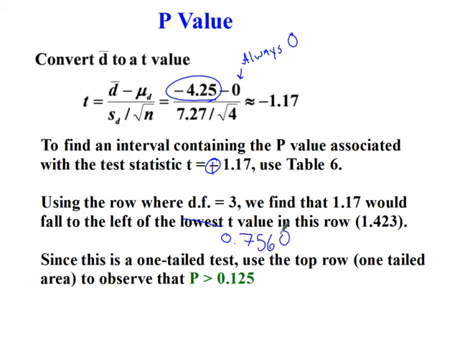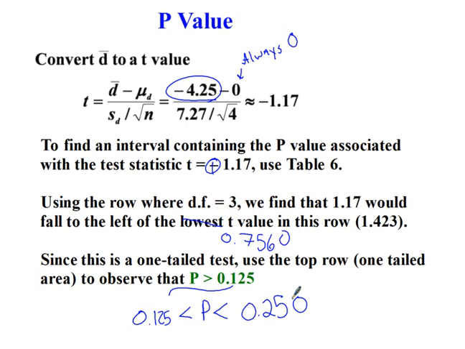It's going to be between the t values of 0.7560 and 1.423. So that means this p-value is going to be still bigger than that number, but it's going to be less than 0.250. Now make sure that you're looking under the one-tailed spot.